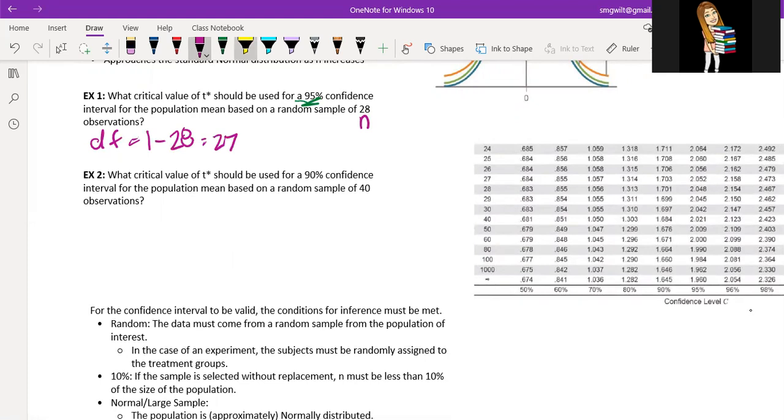If I look at where 27 meets 95, that's going to give me a value for t star of 2.052.